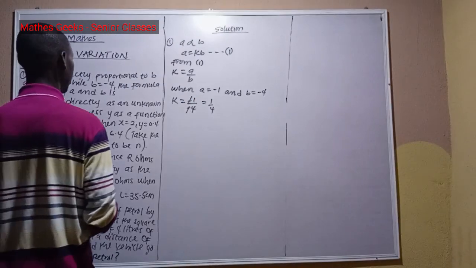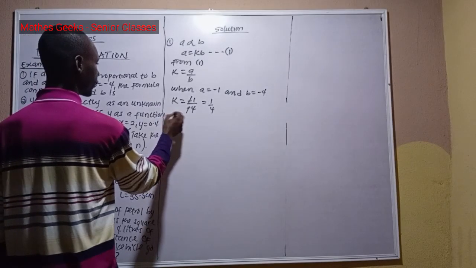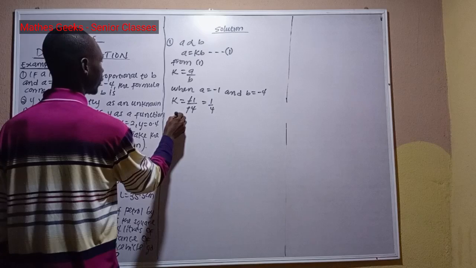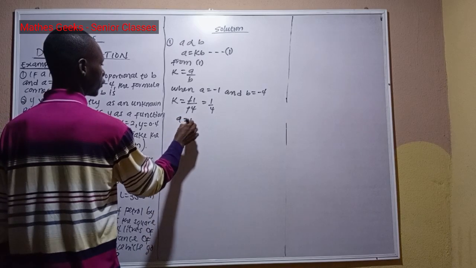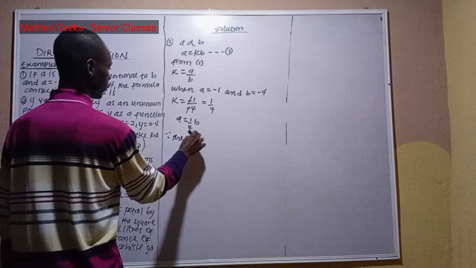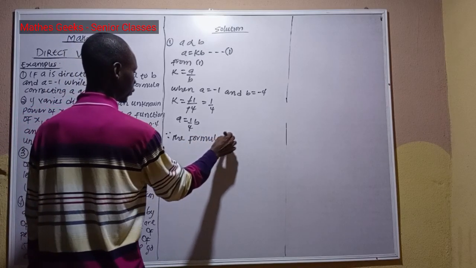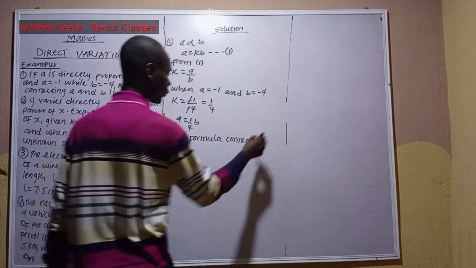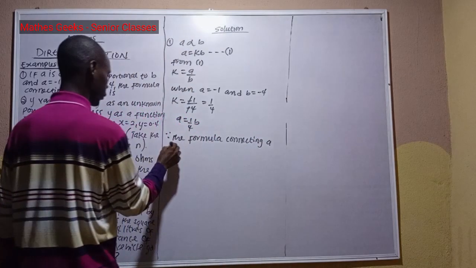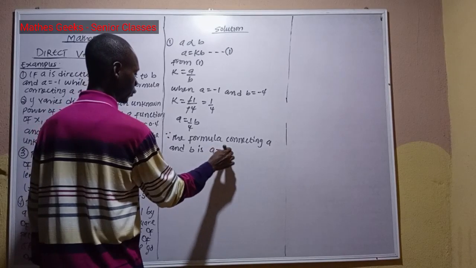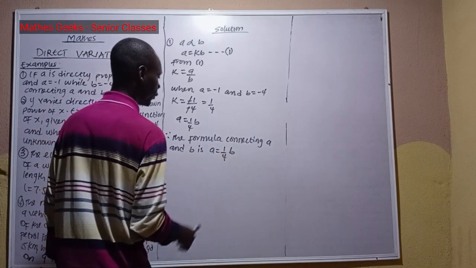So the formula connecting a and b is, writing k, a is equal to 1 over 4 b. Therefore, the formula connecting a and b is a equals 1 over 4 b.